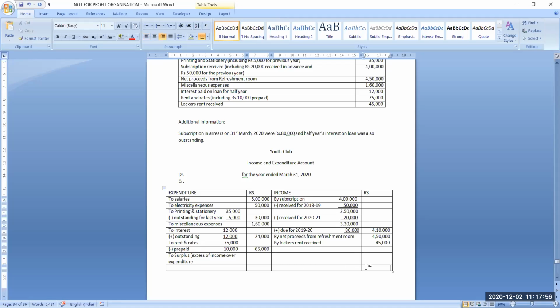It will become 410, 460, 860, 9,05,000. Now we will write this total here, 9,05,000. And the total should always be double underlined.